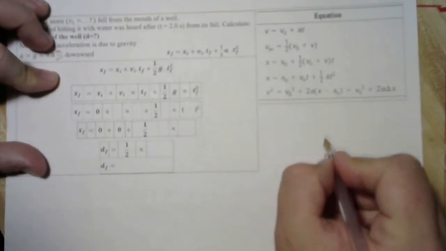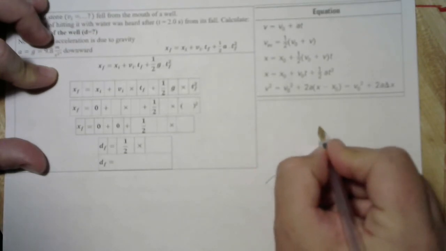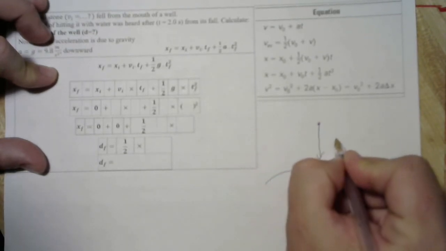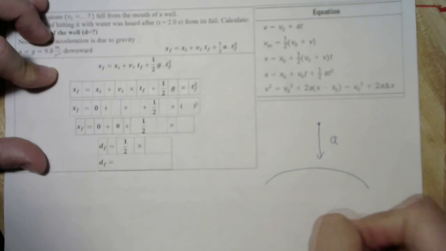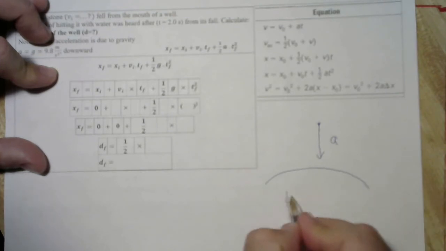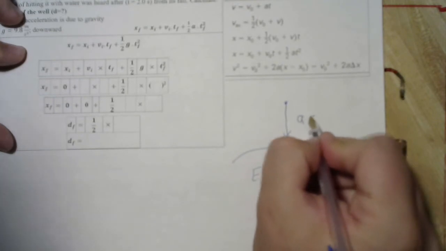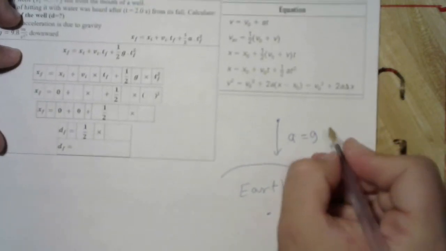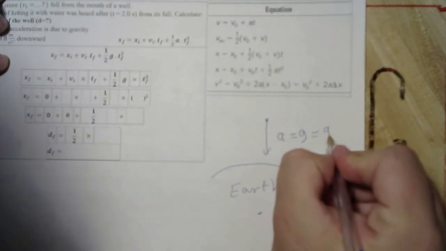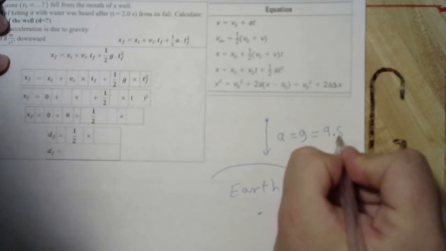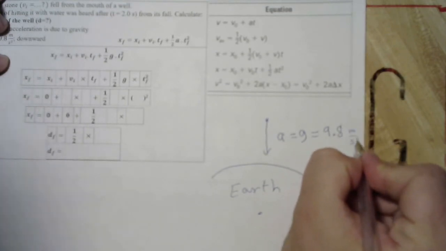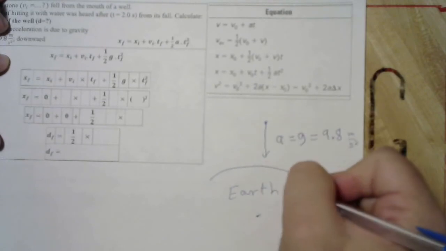the acceleration for free falling bodies, this is a free falling body, the acceleration of it is the acceleration downward to the center of earth, if this is earth. The acceleration is equal to g due to gravity, which is equal to 9.8 meter per square second downward.